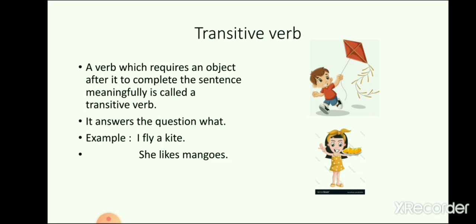Here, mangoes is the object. Without that object, the sentence is not meaningful. So this type of sentence is a transitive sentence, and the verb is called a transitive verb. It always answers the question what. Is it clear?